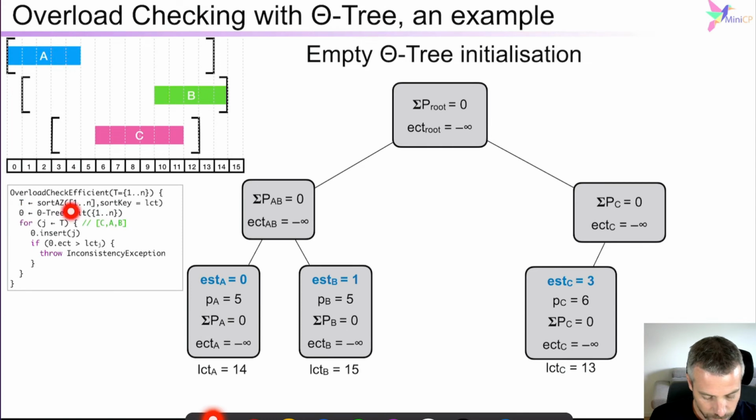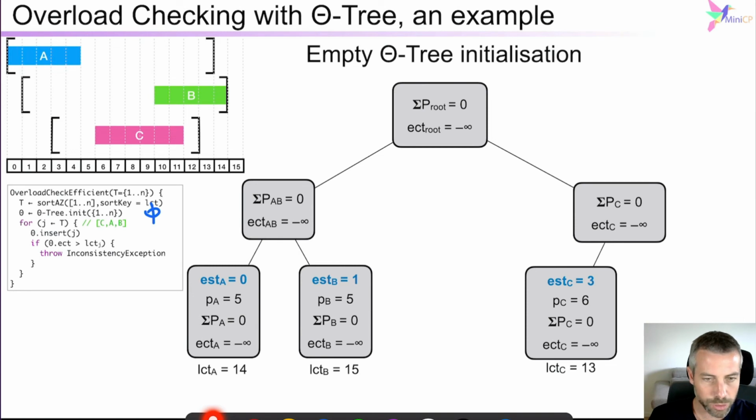You initialize the theta tree, but initially the theta tree is empty, which means that we have set the earliest completion time of all our activities in the theta trees to -infinity. By the way, that's an interesting example because, as you can see, the number of activities is not a power of 2. It is as if you have a node that contains nothing, right?